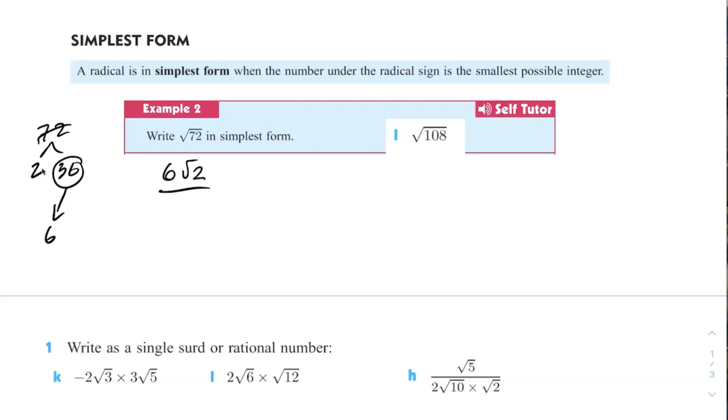Another way to do it, I actually do upside down division a lot. So I do the same idea, I go 72 and I break it down. I go, okay, that is 2 times 36. And then I'll go, okay, wait, I know what the radical 36 is. That's 6. I'll just stop there. If you didn't know it though, if you kept on going, you just do the same thing. Okay, well, it's something small. 2 times 18, 2 times 9, 3 times 3.